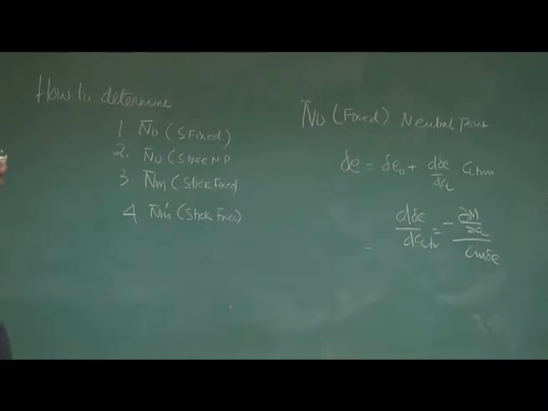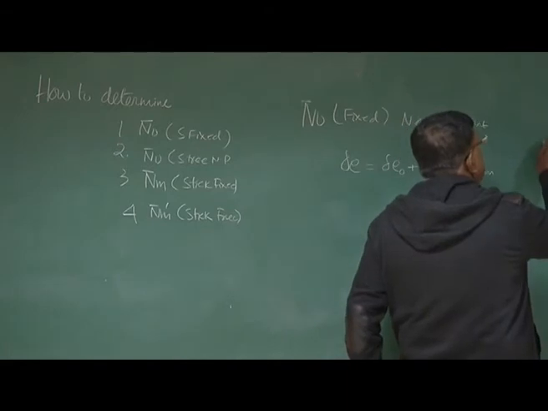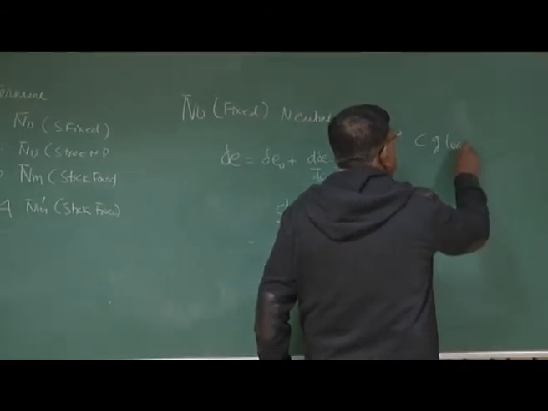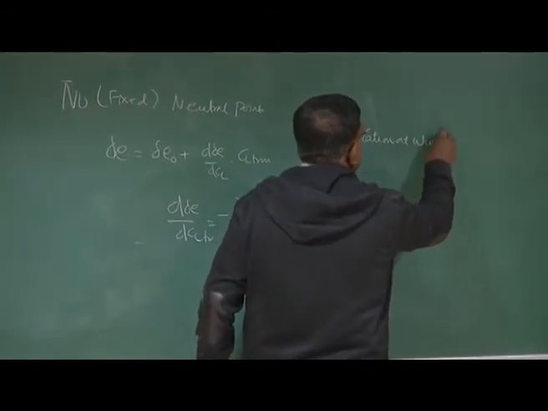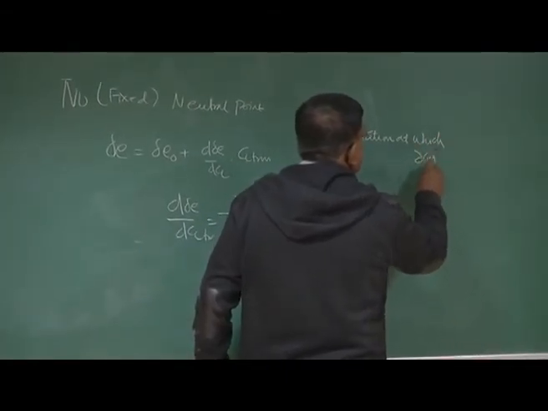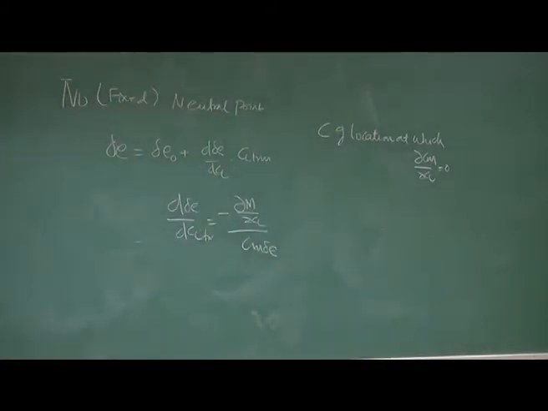So, what is neutral point stick fixed? It is that CG location at which dCm by dCl is 0. That is neutral point stick fixed.